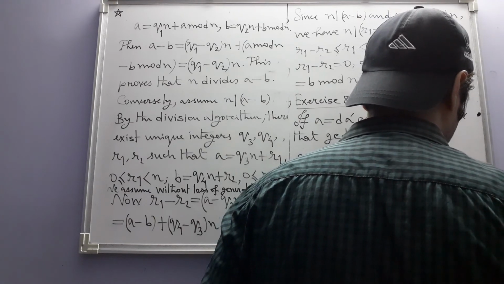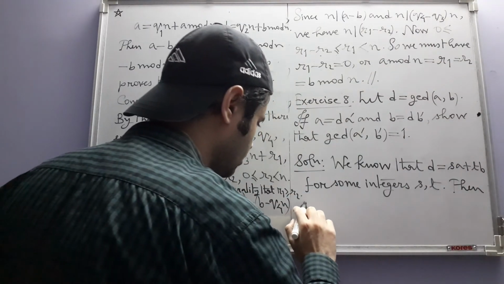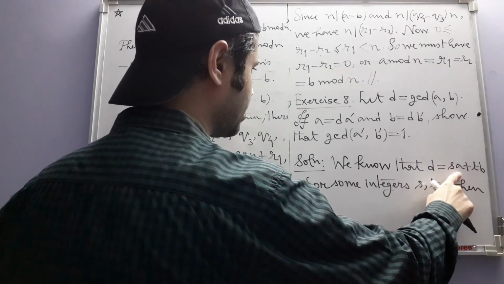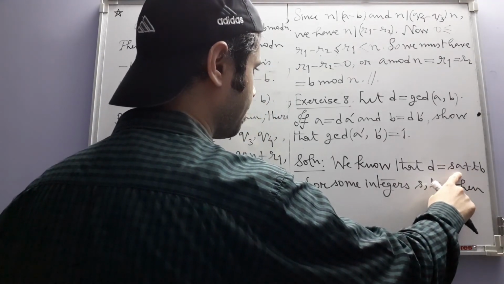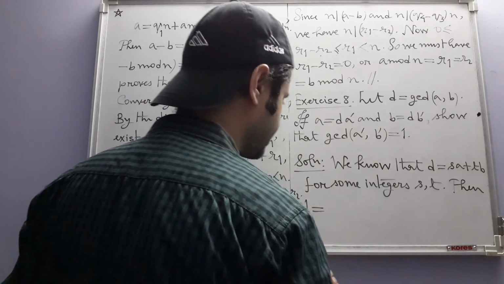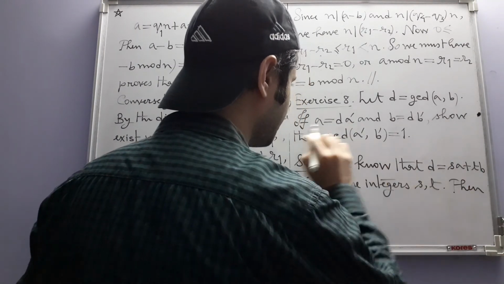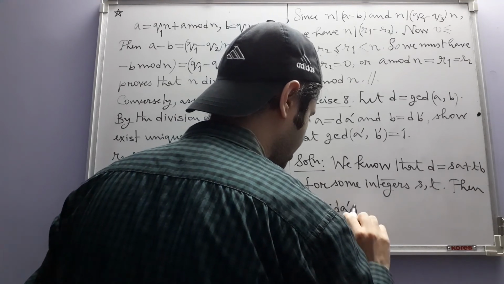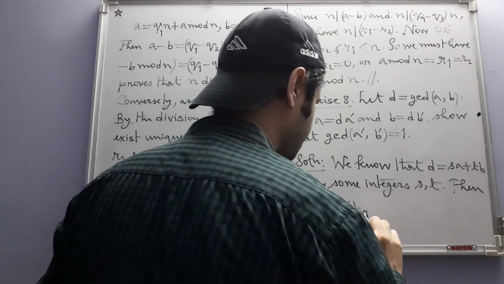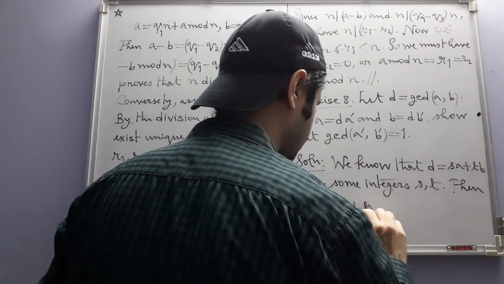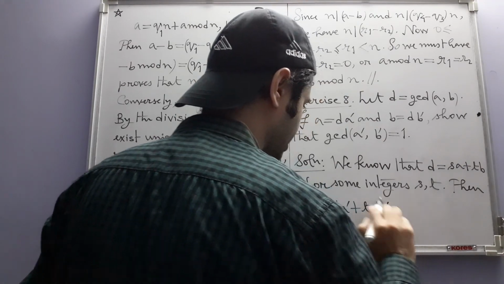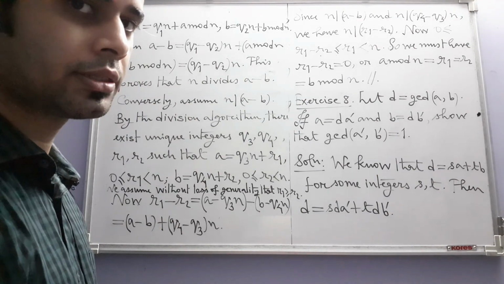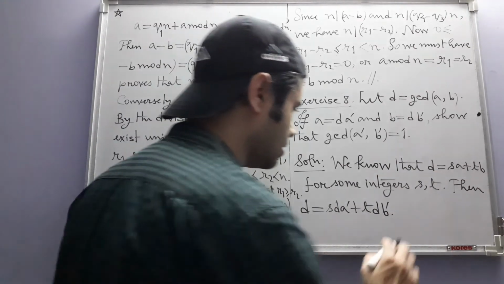Okay, so for some integers s and t, then d is equal to, here we are going to use this expression. In place of a we are going to write d a prime, and in place of b we are going to write d b prime. Now d by definition, since it's a GCD, is a positive integer.